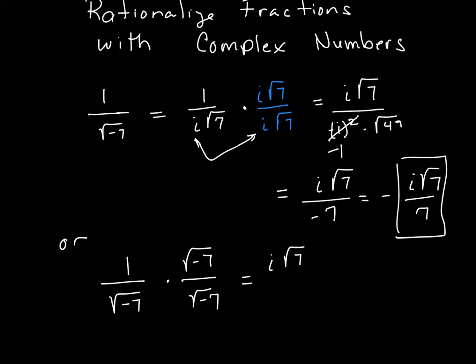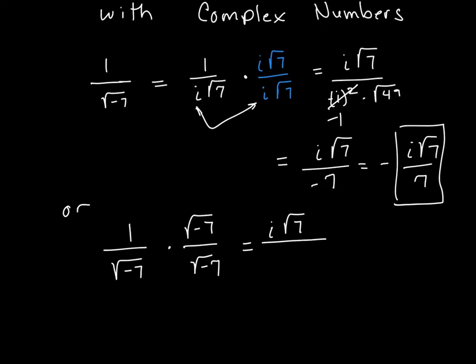which equals i square root of 7 in the numerator. But be very careful in the denominator, because if I multiply the square root of -7 times the square root of -7, it does not equal -7. You must first change those to imaginary numbers.